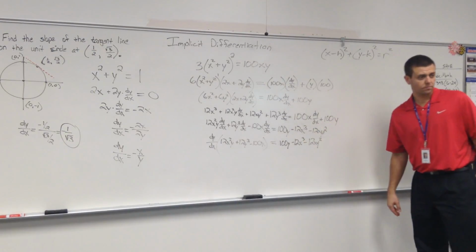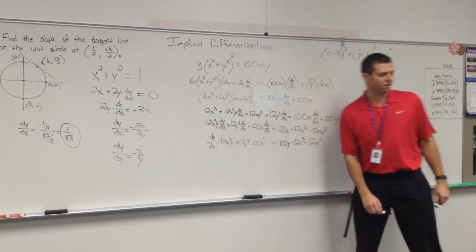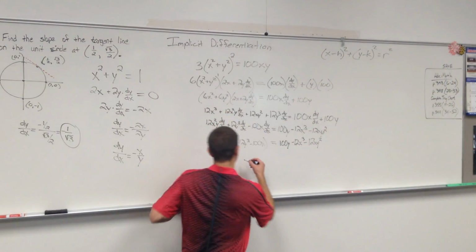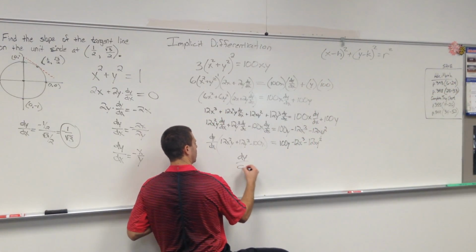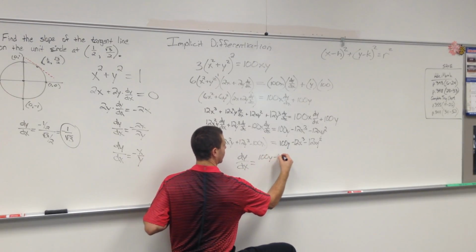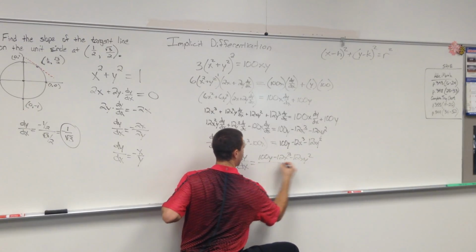And then to solve, I'd have to divide by that quantity. So I'll just get an ugly fraction. So dy dx will equal 100y minus 12x cubed minus 12xy squared, over that quantity.